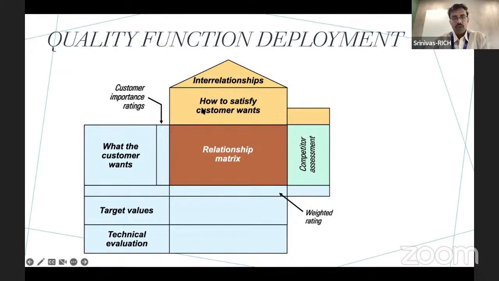Then how to satisfy that consumer want? What are the functionalities that you need? You need a laser, you need some kind of dispenser which dispenses some pesticide or insecticide. So what are the different things that you need? It would be going on the top, the house to satisfy consumer wants, functionally what you need, and a relationship between what the consumer needs and what the product feature functionalities are, right?